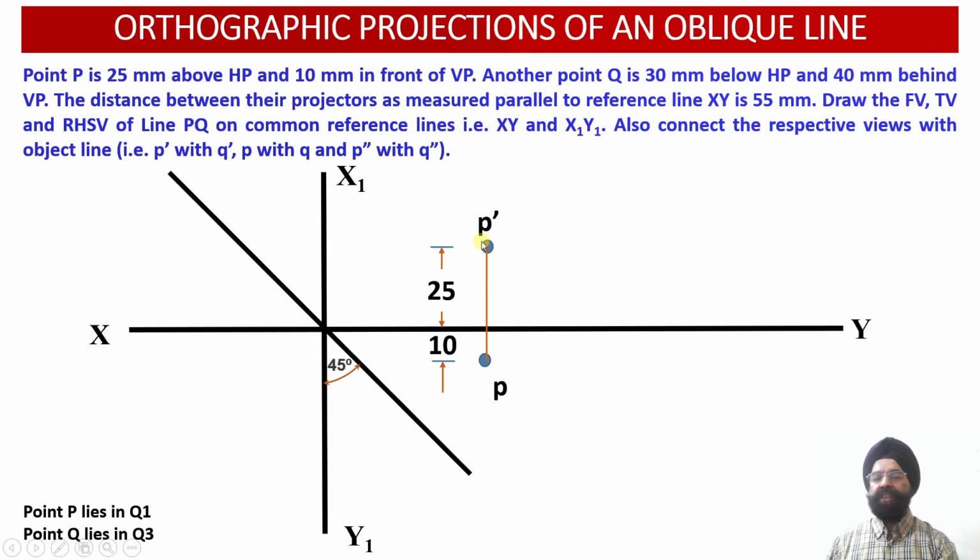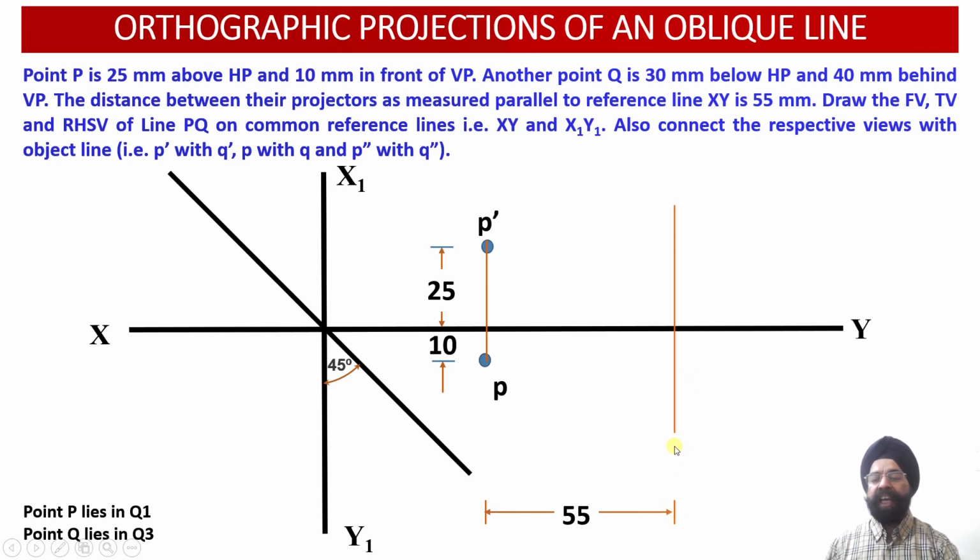So the distance between the vertical projector of the point P and the point Q, measured parallel to the XY reference line, we are required to measure and plot over here between the projection line of the point P and the projection line corresponding to the point Q.